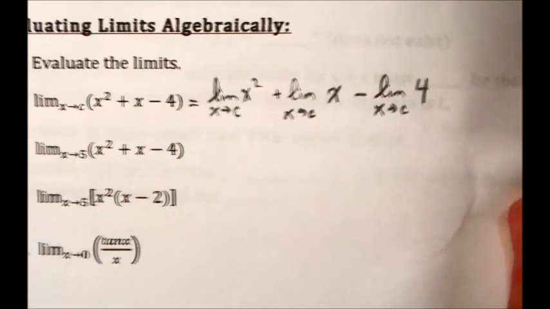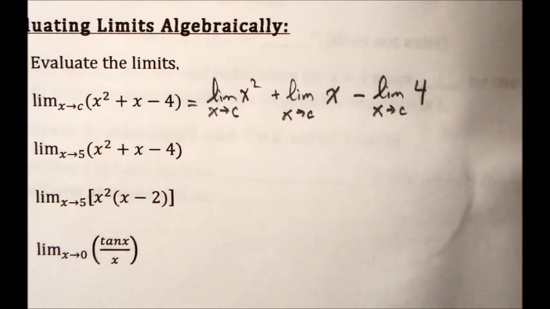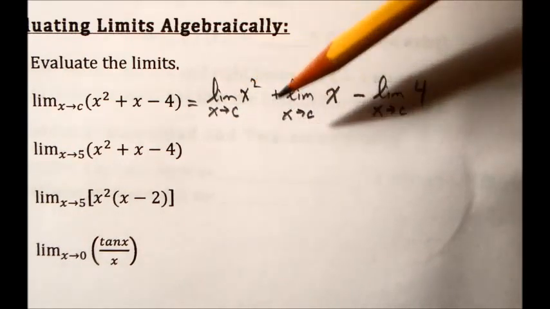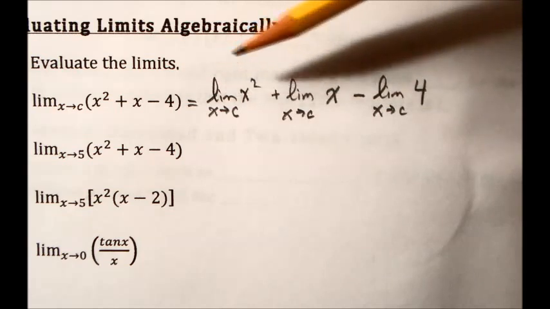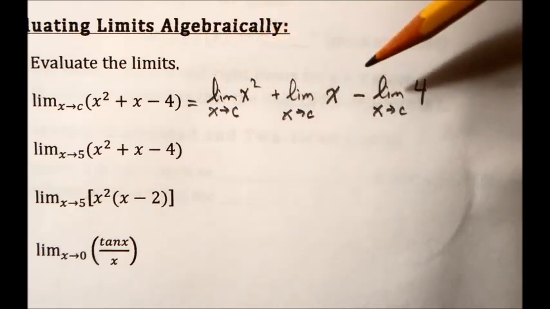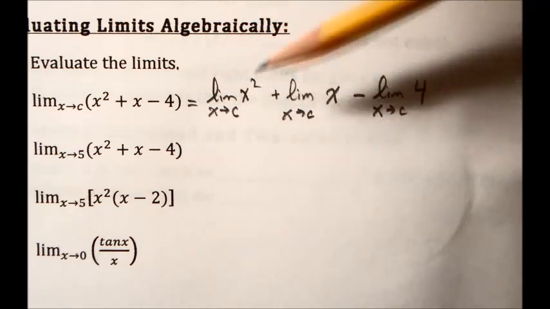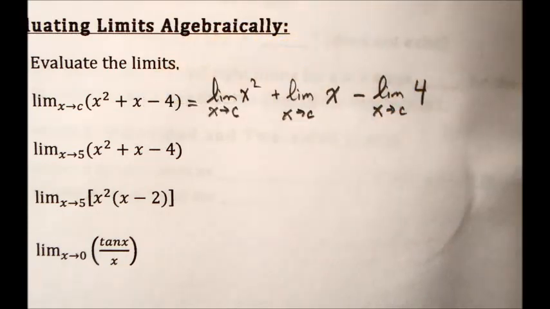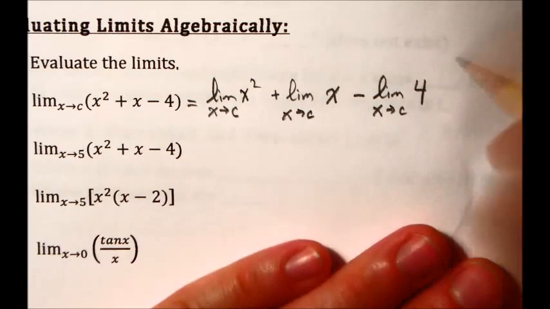Okay, so you can see I split this up into 3 limits. I actually just used rule 3 to split this part up into a sum, and also had this minus 4, so I had to exercise rule 4 from up above, where the limit of a difference is a difference of limits. So you can see how this all split up.